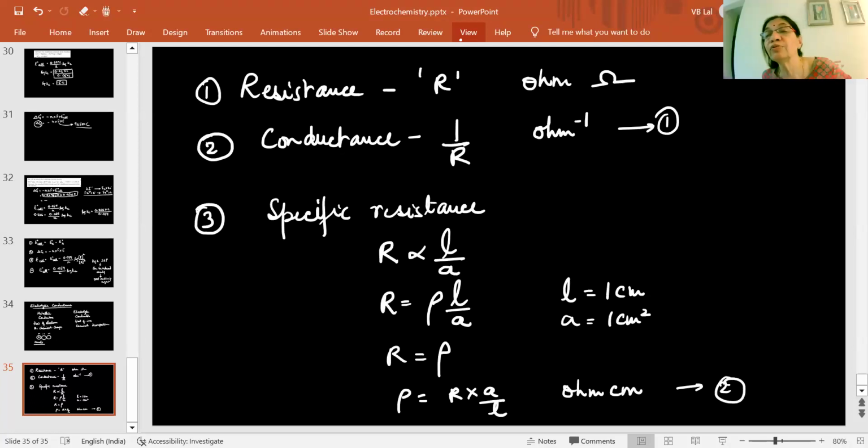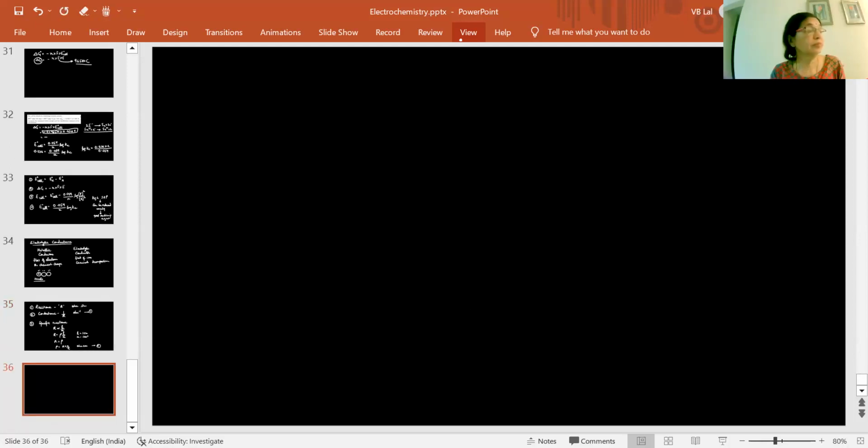Now this is in case of conductors, right? Now I want to translate it in form of electrolytic conductance. So what happens in an electrolytic cell? Supposing I have an electrolytic cell here and I have two electrodes.